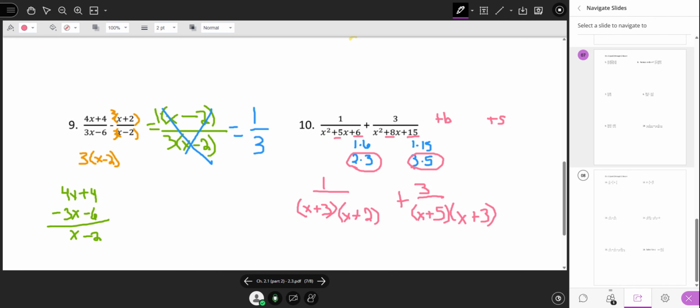Now, your LCM or LCD, whatever you want to call it, for this one, has to be x plus 3, that one, x plus 2, and then x plus 5.